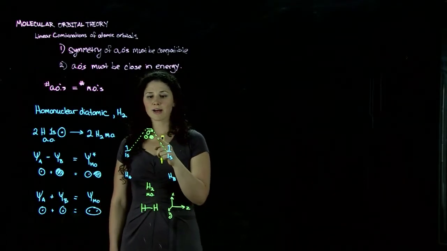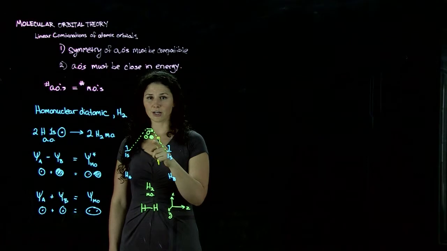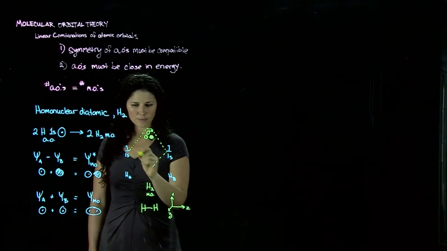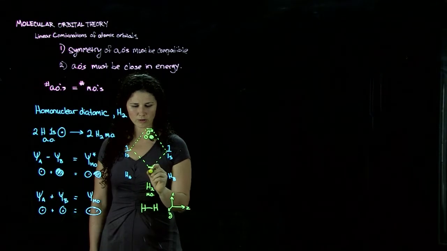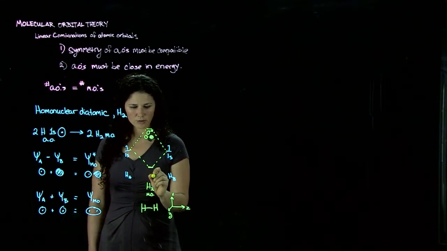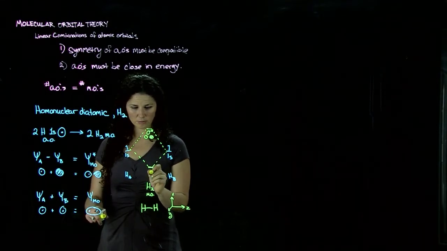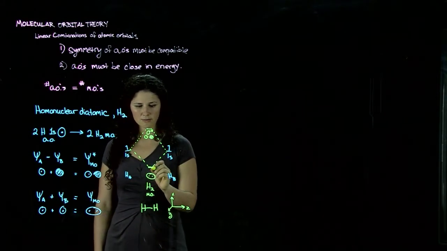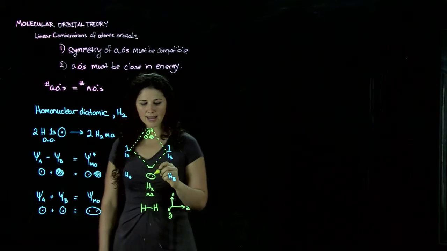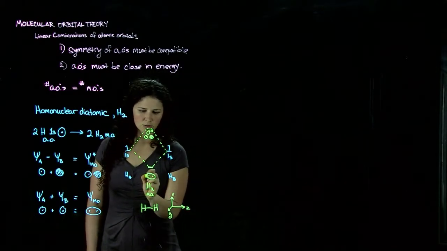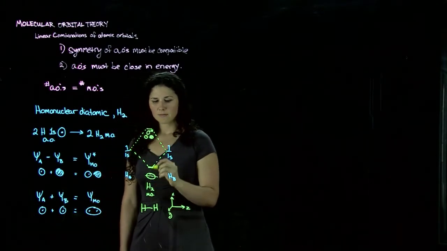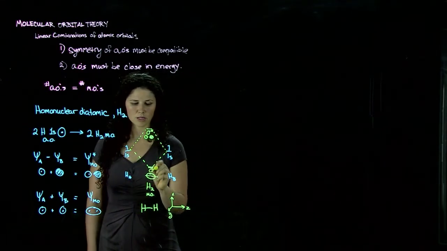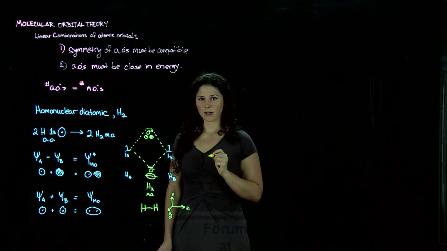So we just talked about the antibonding linear combination. Let's do now the bonding, or the addition of these two wave functions. You can see that it would match up with this one, and that's what my molecular orbital wave function would look like. And again, if this is the internuclear axis, this orbital is symmetric with that internuclear axis, and so this would be a sigma orbital as well.